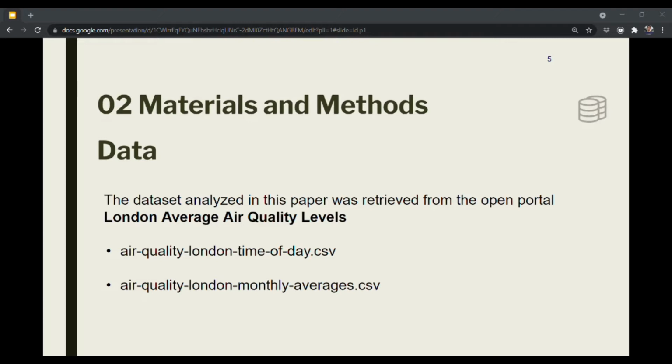The data was retrieved from the open portal named London Average Air Quality Levels. The dataset consists of 16 variables and 3,336 measurements that were recorded every hour. It is worth mentioning that there are no records for some variables such as nitrogen oxides.